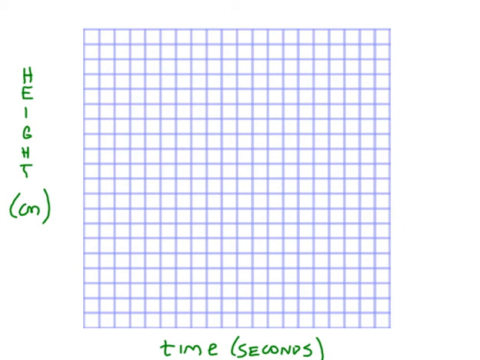The x axis would be time in seconds. The y axis would be the height, the height in centimeters. The title would be the boing boing question.